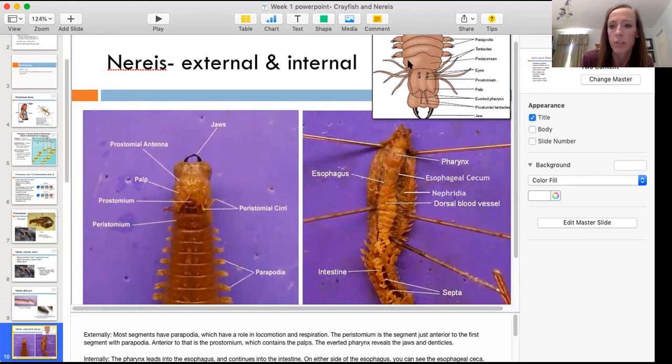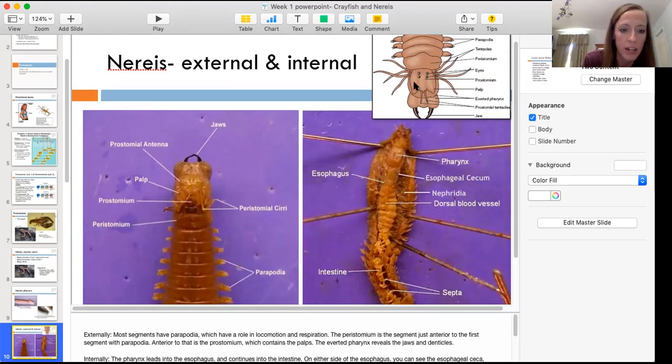Okay, so there's a segment just in front of that, and that is called the peristomium. That is just a junction basically between the head and the rest of the body. Okay, so the peristomium. And then just in front of that is the prostomium.